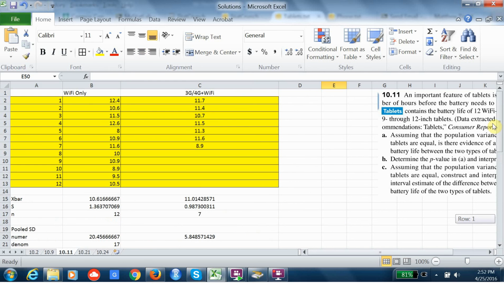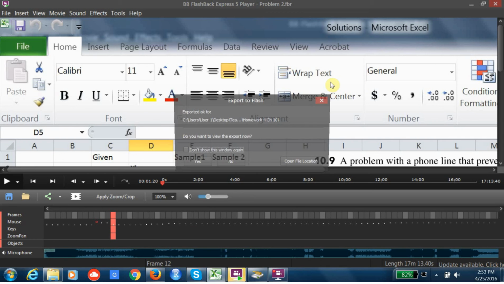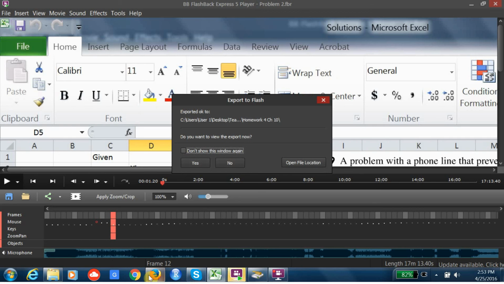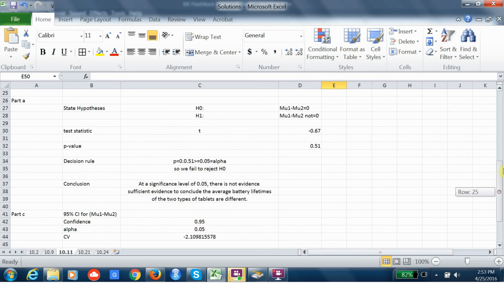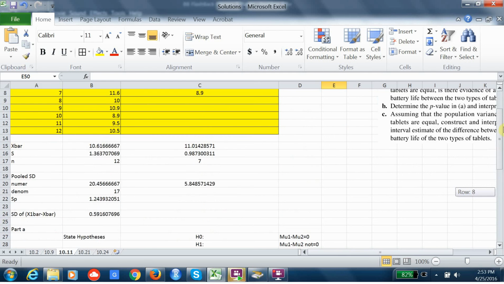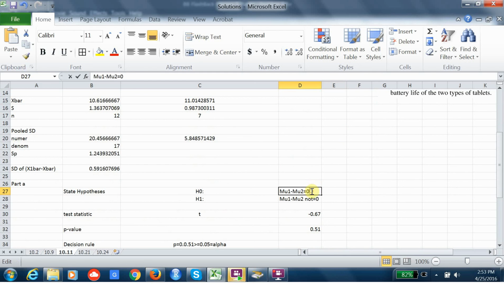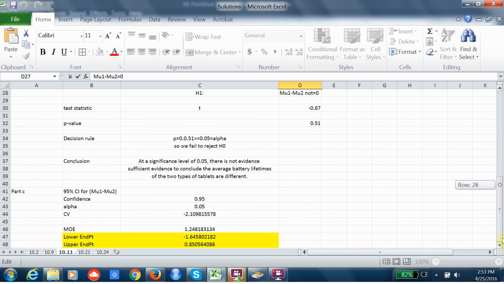Okay, so again, let me go back there for a second. When alpha is equal to 0.05, we fail to reject the null hypothesis that the difference was equal to 0. Therefore, at a 95% confidence interval, 0 has to be in it. And we see that it is. Okay.